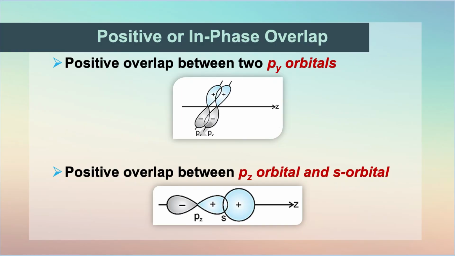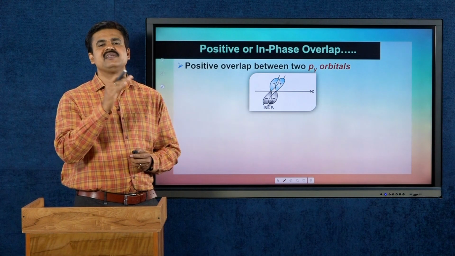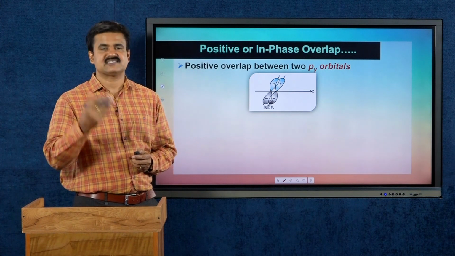Now, we are representing the positive overlap between two py orbitals. The three p orbitals px, py and pz are in a mutually perpendicular arrangement with each other. So, px orbital is along x direction, py along y direction, pz along z direction.